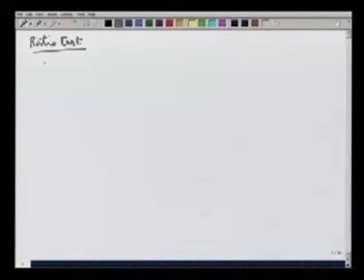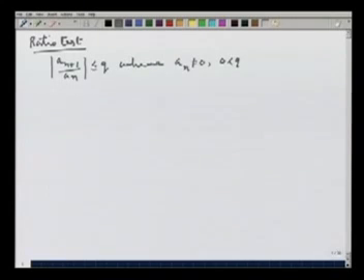Suppose I have a_n which has the following property, that modulus of a_(n+1) by a_n is less than or equal to q, where first of all this quotient should make sense, so I will say a_n not equal to 0, and I put a condition 0 strictly less than q strictly less than 1.